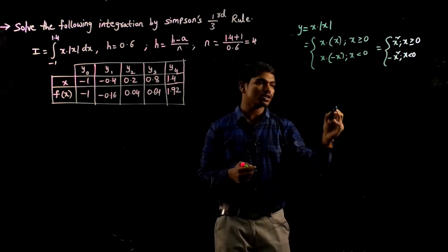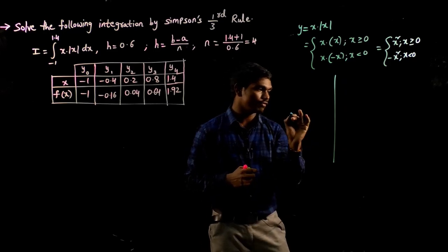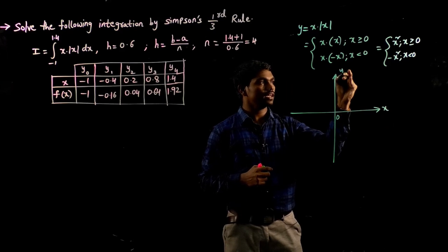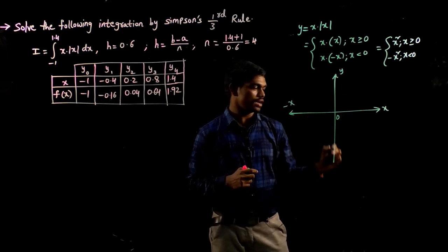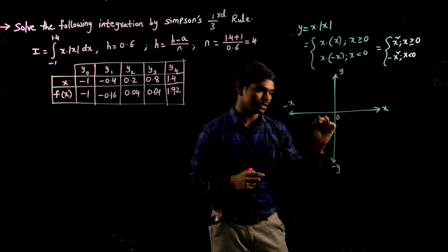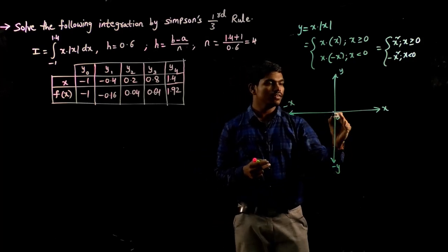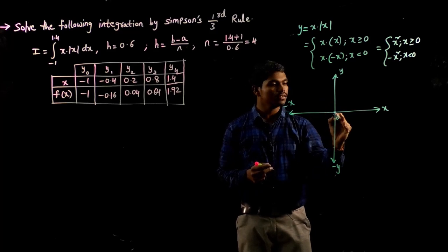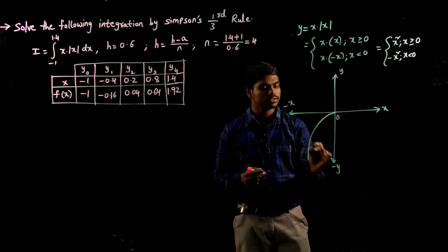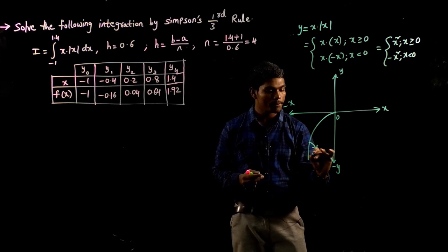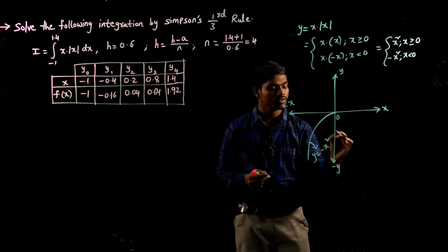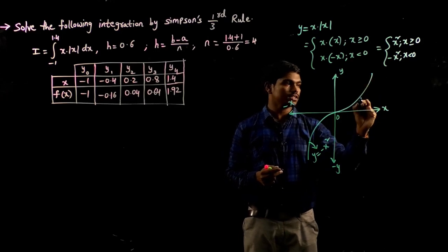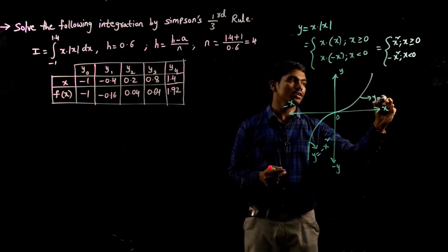Which means if you try to plot this function, you find something like x, y, minus x, and minus y. For x less than 0, which means to the left of the y-axis, the curve is y is equal to minus x square. And to the right of the y-axis, the curve is y is equal to x square.